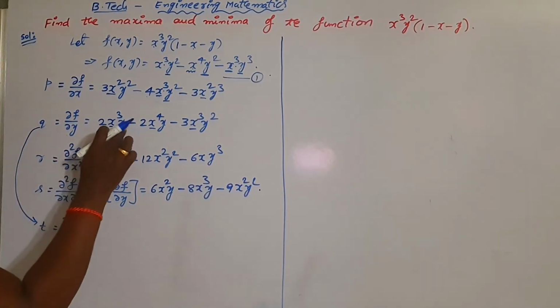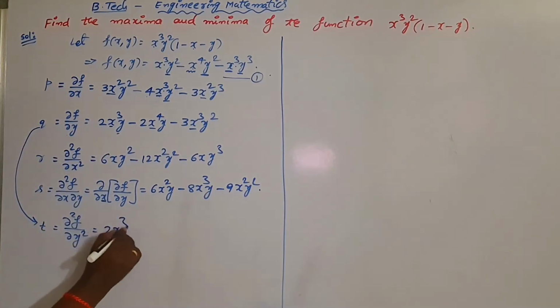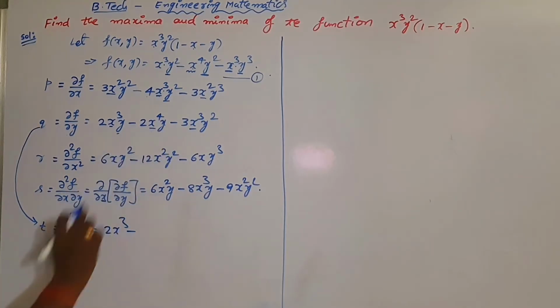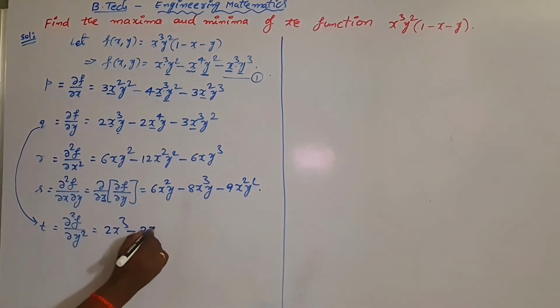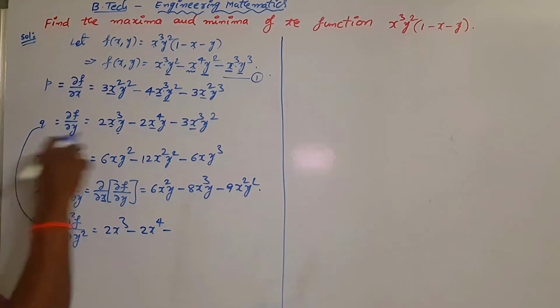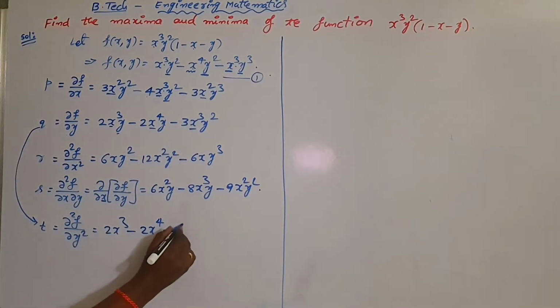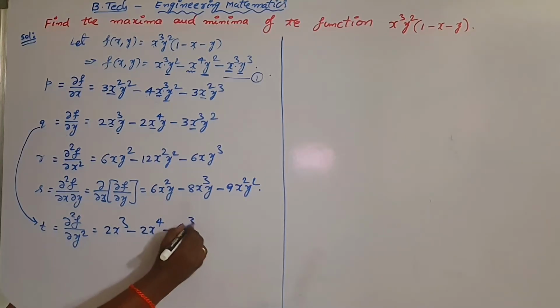The derivative of y with respect to y is 1, so 2x³ into 1 is 2x³. Minus, here also y is there, and its derivative is only 1, so it is 2x⁴. Finally, the derivative of y² is 2y, and 3 is already there, so directly I am writing 2 threes are 6x³y.